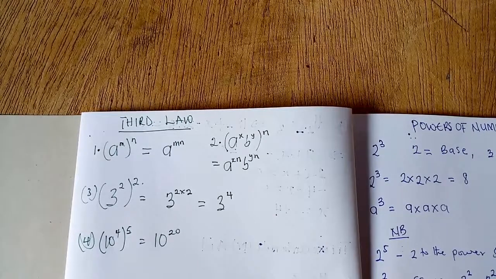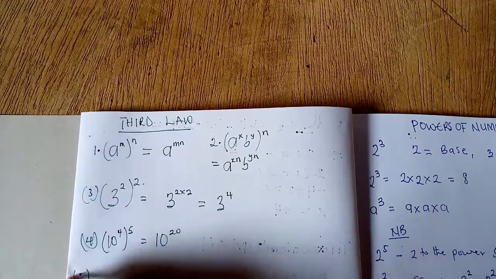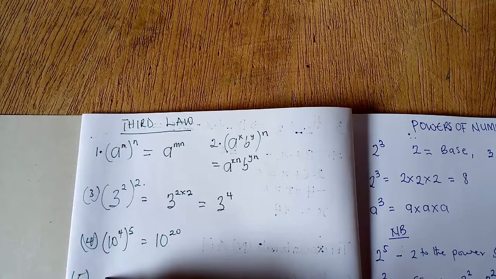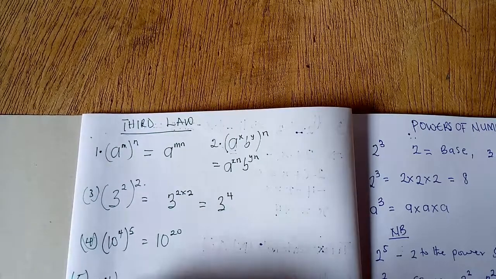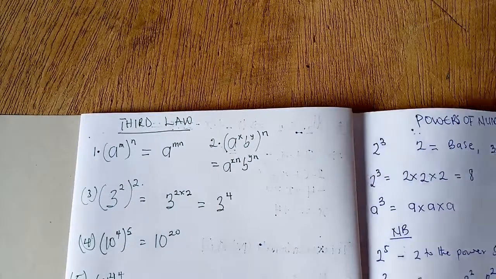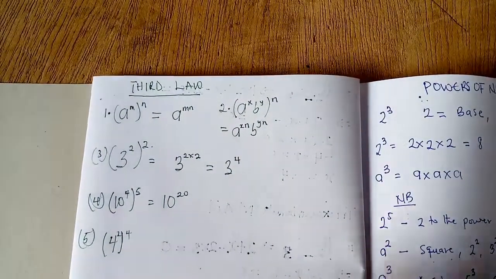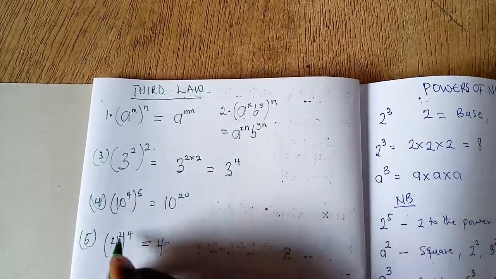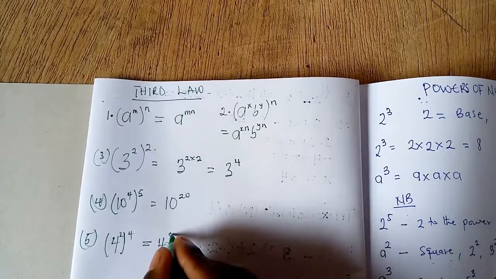Let's take the last example on the third law, and then we will move on to the next topic. Okay, so let's check this out. If you have 4 raised to the power, let's say 2, okay, raised to 4 here. All that we need to do is simple. Let's write a 4 and multiply the exponents. 2 times 4 gives us 8 here.